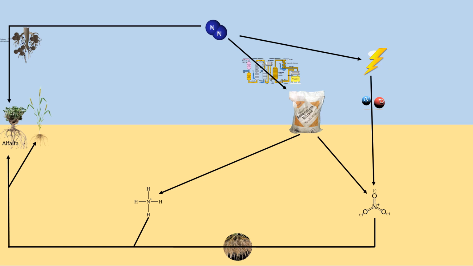So, as I said, from here you can make nitrate and ammonium ions, and these ammonium ions can also then be directly taken up by plant roots, whether it's legumes or normal plants, and as I said before, converted into amino acids.